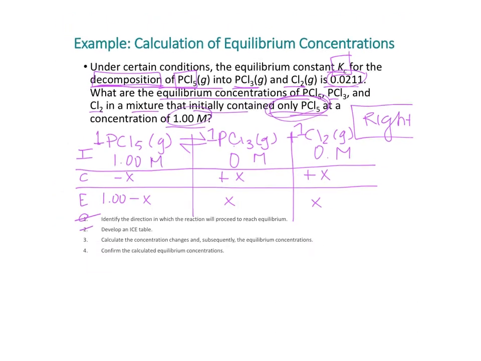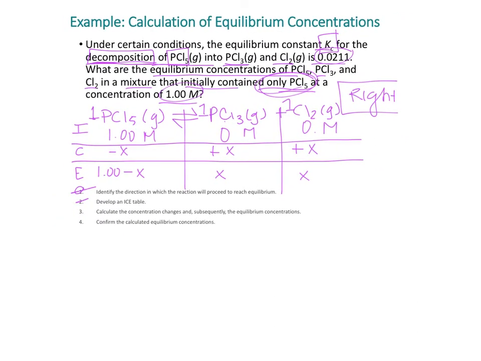So let's see what information we can use to do this. We know that the equilibrium constant is calculated in this way. The products divided by the reactants, well, the reactant, there's only one. And we know that it's equal to 0.0211.